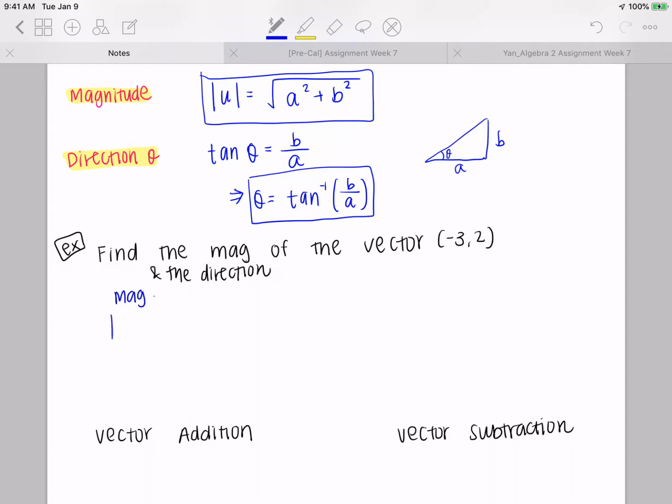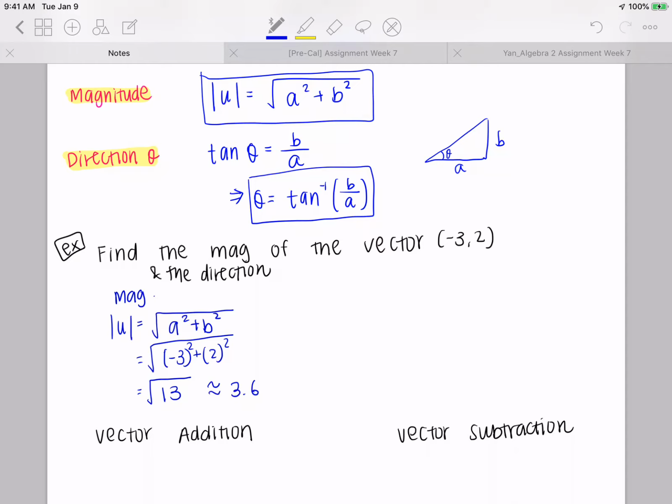Our formula was the absolute value of u equals the square root of a squared plus b squared. So really just put the numbers in for a and b, and we take the square root of that. We get the square root of 13. You can leave it like this, or you can put it in the calculator, and we find that it's approximately 3.6.